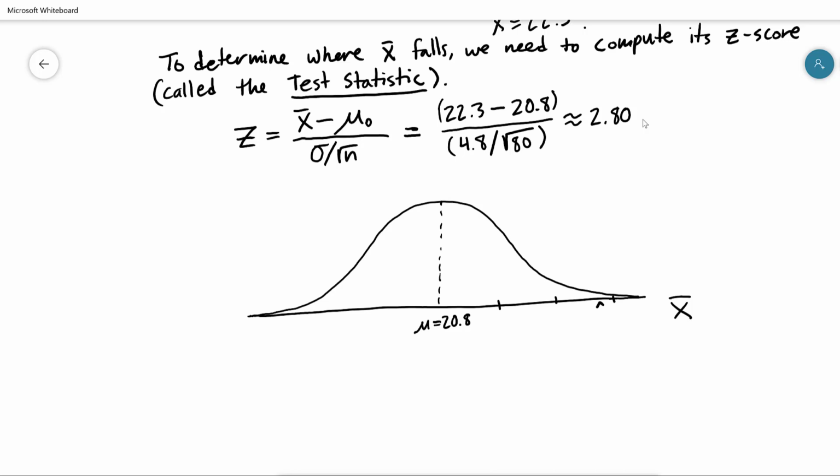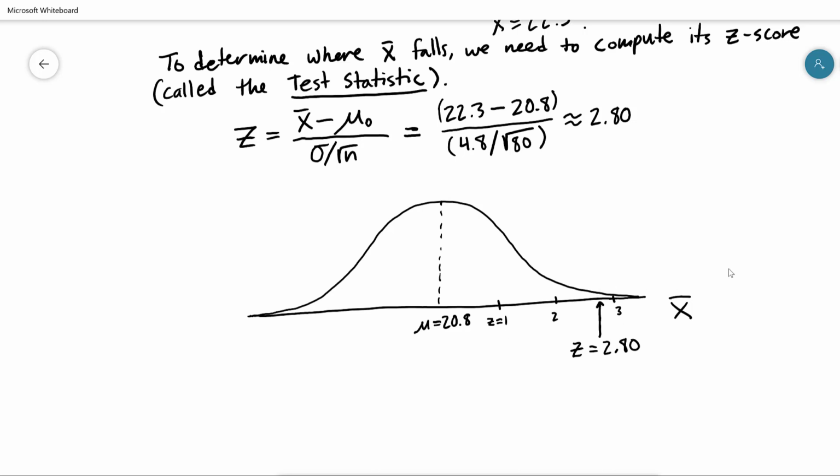If this is z equals 1, 2, 3, and so on, right there is z equals 2.80. So to me, that looks like it's going to be a weird result. It's really far from the area where we'd expect most of the results. Most of the x bars fall over here, and this x bar fell way over here in the tail.